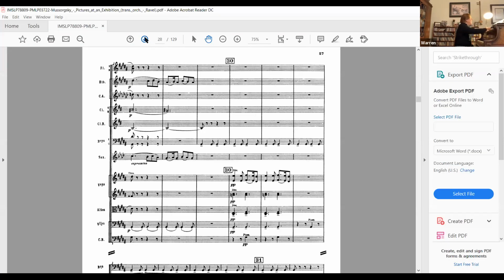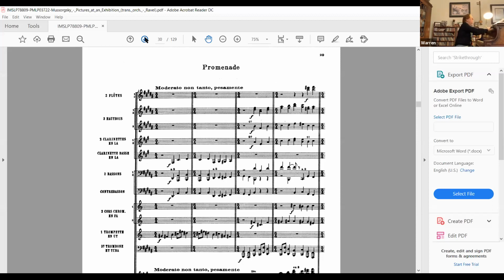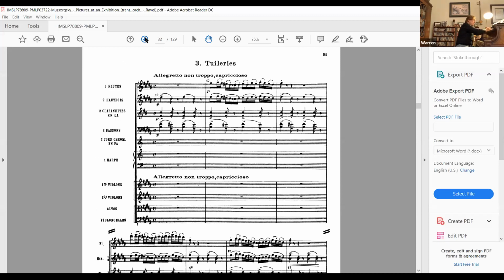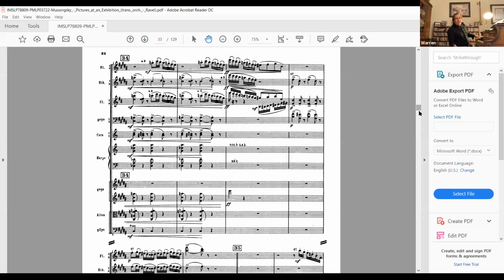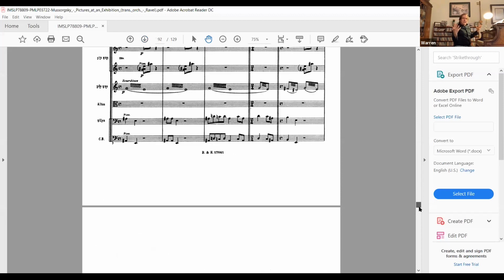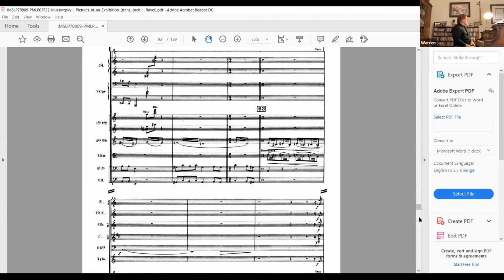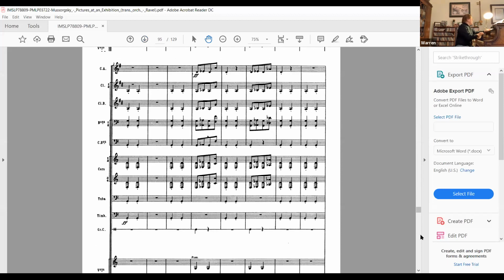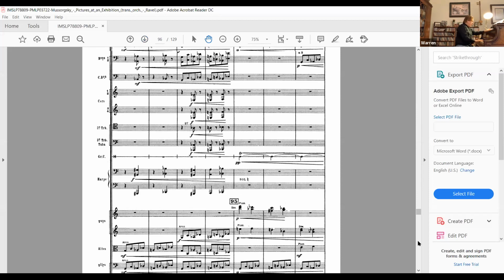And that idea, then we have the Baba Yaga movement, and then the Great Gate of Kiev, which is like a grandiose, gigantic picture of the promenade movement.